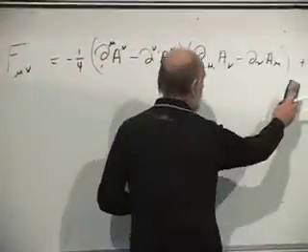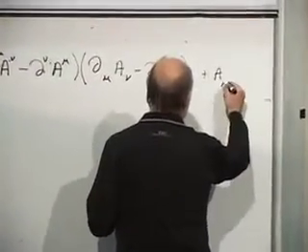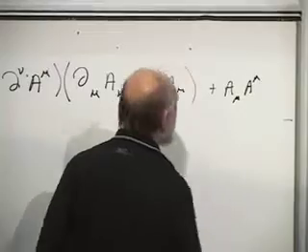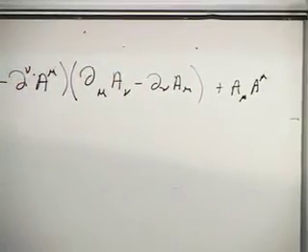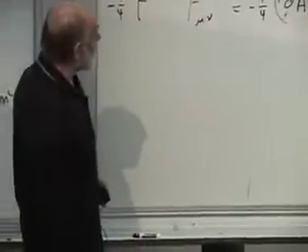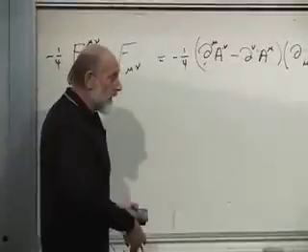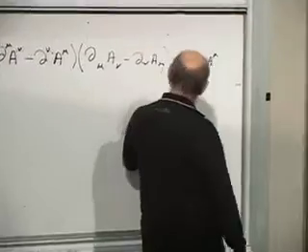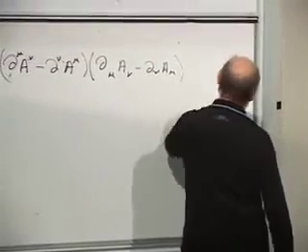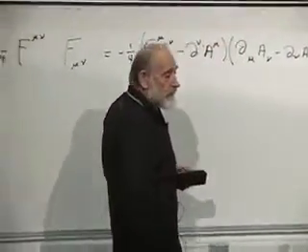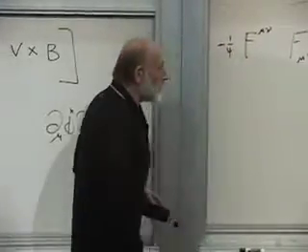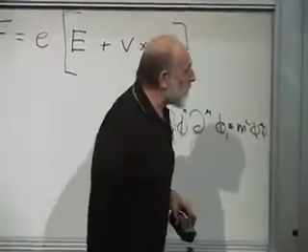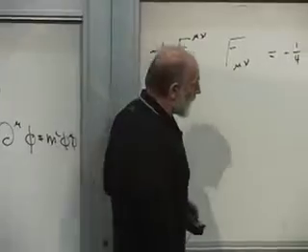Or A mu A mu. You might think, why can't we add A mu A mu? It's Lorentz invariant, but it's not gauge invariant. It changes when you let A go to A plus the derivative of epsilon. Otherwise, it's a perfectly acceptable Lagrangian from every other point of view, but it's not gauge invariant.